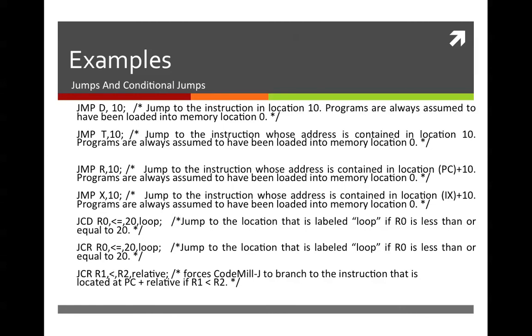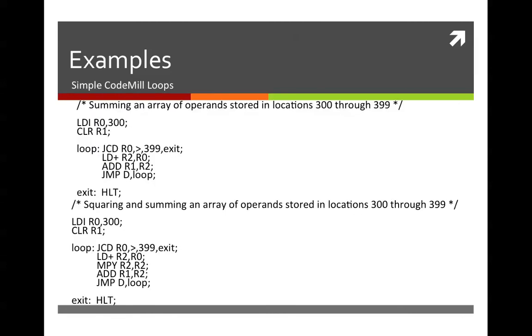All right, so these are the examples of jumps and conditional jumps, and here are two sample programs I've written. Here's one that adds an array of operands stored in locations 300 to 399. And these numbers are really not initialized in this case. But all we do is check to see if we had reached the end of the array.